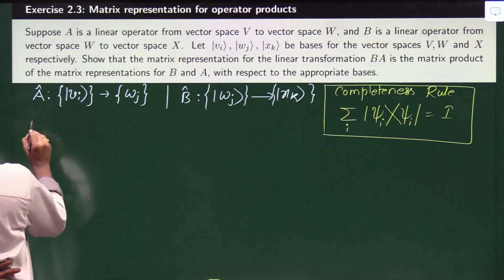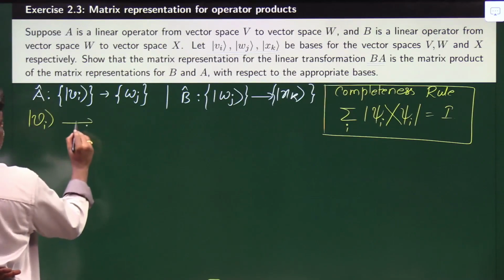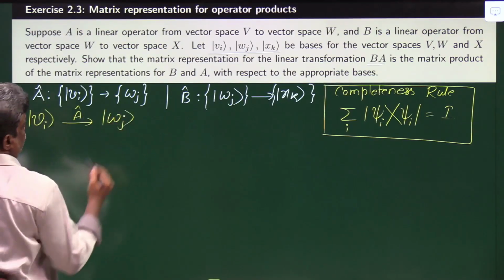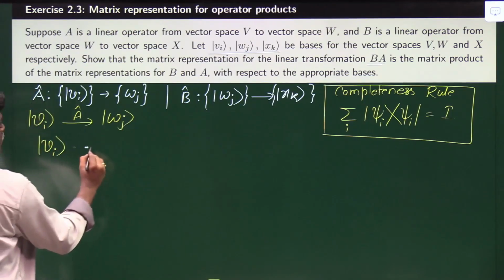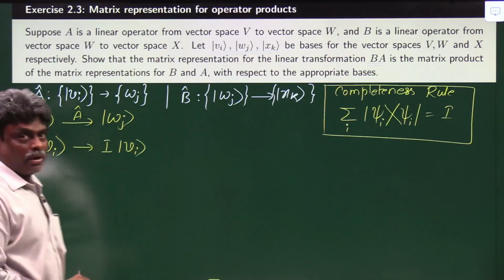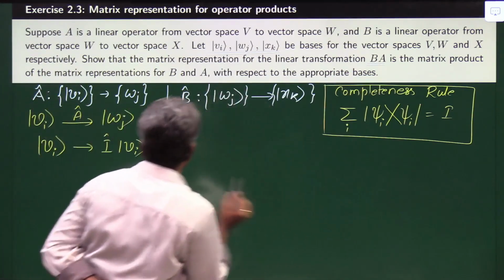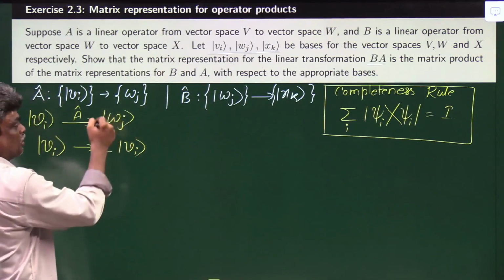So here we have Vi, these are the input bases, and these are transformed to Wj. First let us take a Vi. I can write this as I Vi, I for identity operator. Now in the place of this identity operator, I'm using the completeness rule. To which basis do I want to change? This one.